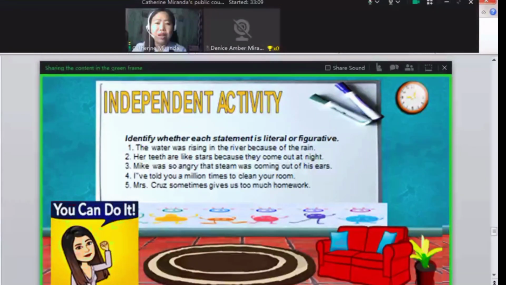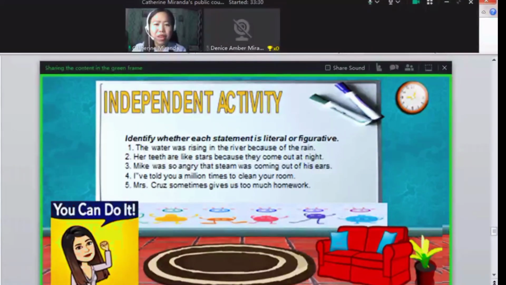Number 4, I've told you a million times to clean your room. Is this a literal or a figurative statement? Definitely, this is a figurative statement because as you can see in the sentence, there is this phrase a million times. Can you clean your room a million times?